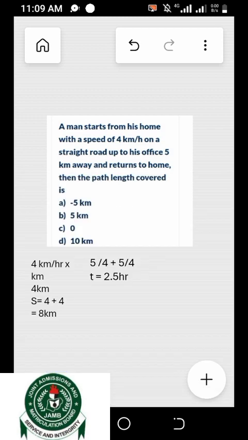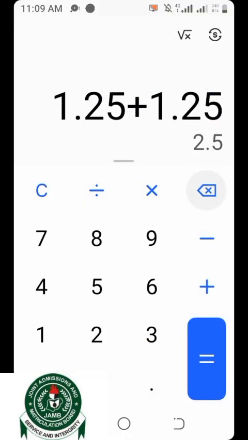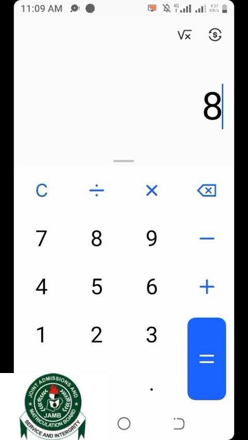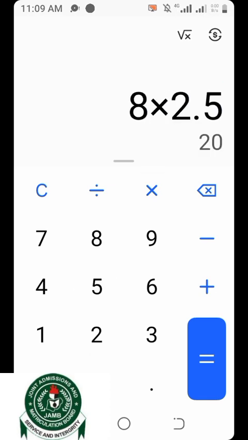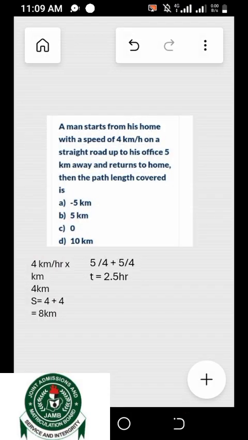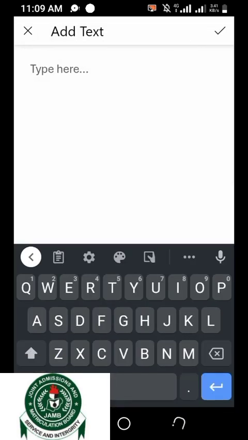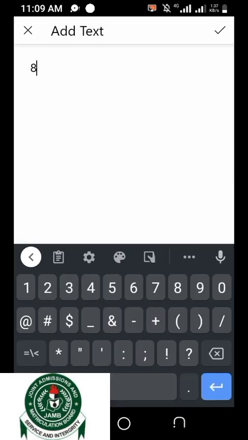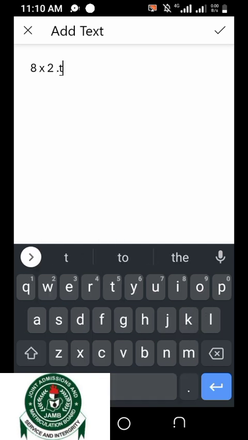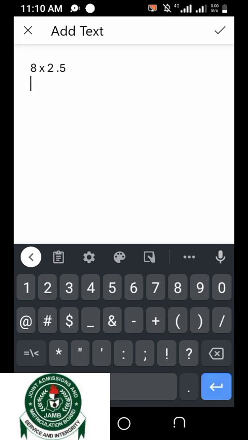So our total distance covered is 8, which is the speed, right, times the 2.5, which is the time, right? So you can just write it down if you want to. So 8 times 2.5 is equals to 20, right?